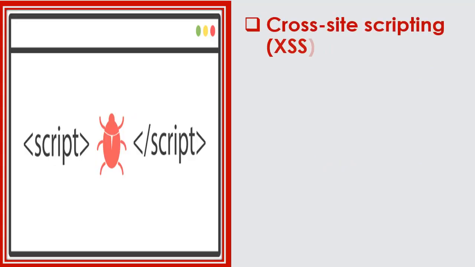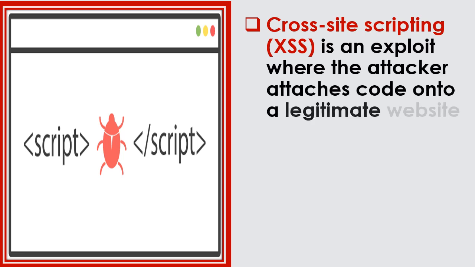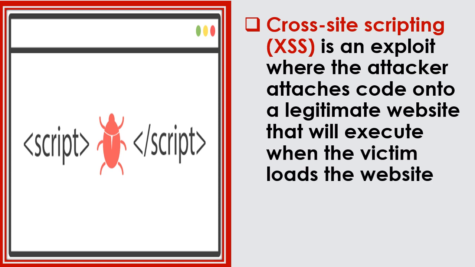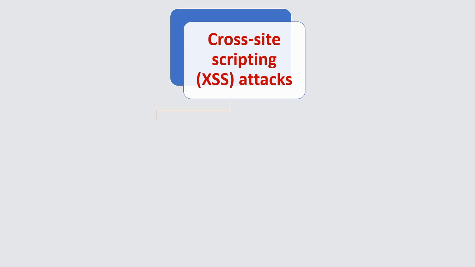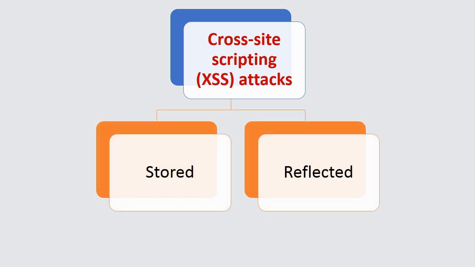Cross-site scripting, XSS, is an exploit where the attacker attaches code onto a legitimate website that will execute when the victim loads the website. XSS attacks can generally be categorized into two categories: stored and reflected.